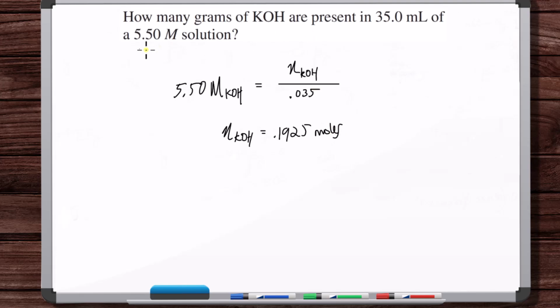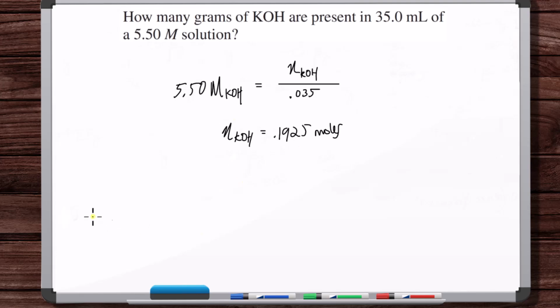If this is the concentration and this is the volume of solution, and this concentration is relative to potassium hydroxide, then there must be 0.1925 moles of potassium hydroxide in the solution. Yes, this dissociates into K plus and OH minus ions, but that's not what we're referring to here. This 5.5 molarity was in reference to KOH.